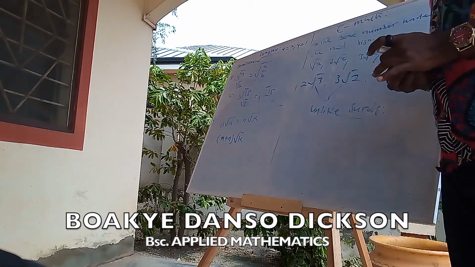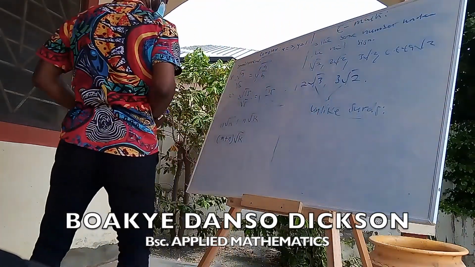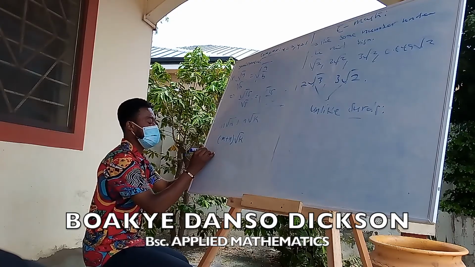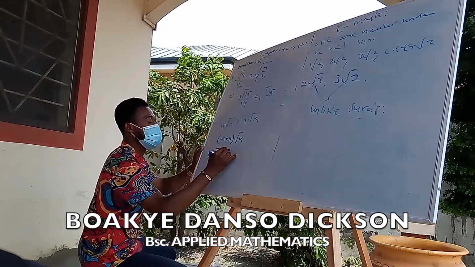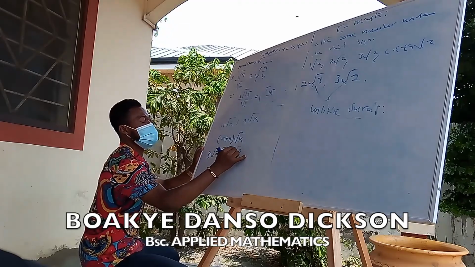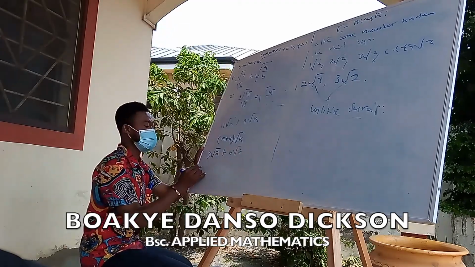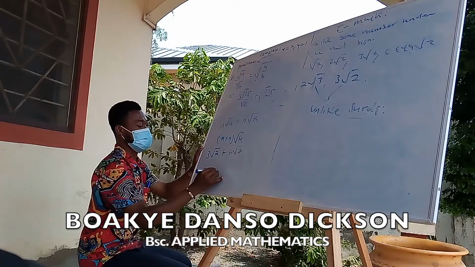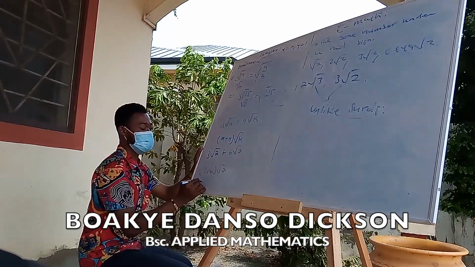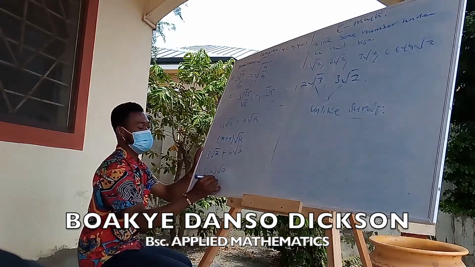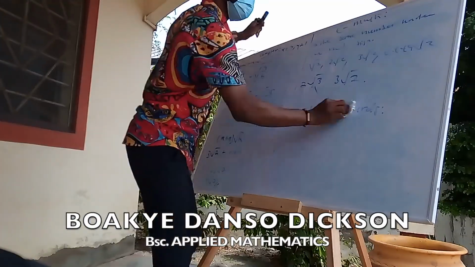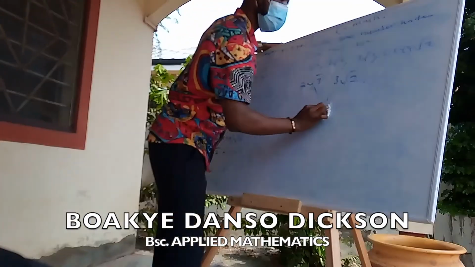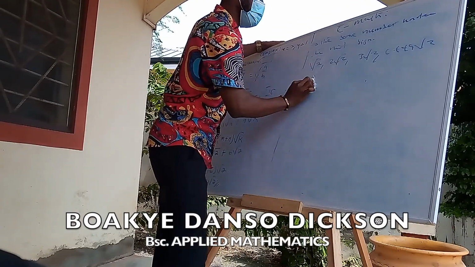Example. I have 3√2 plus 6√2. So this one is going to be (3 plus 6)√2. So what is 3 plus 6? 9√2. Very easy.